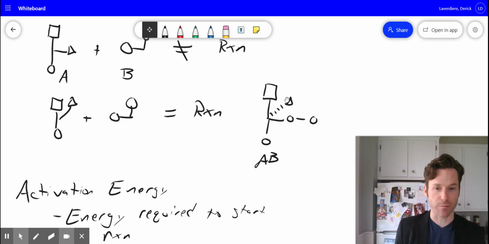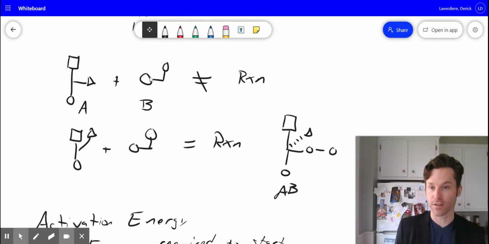So this triangle is bumped backwards into the background here, so it's no longer uncomfortably close to this guy. These guys have stretched out, so they're not bent up anymore, so now they're more comfortable, and this is a pretty happy molecule. So this is a higher energy state than these two things individually, but in this moment, this is a lower energy state than these two.